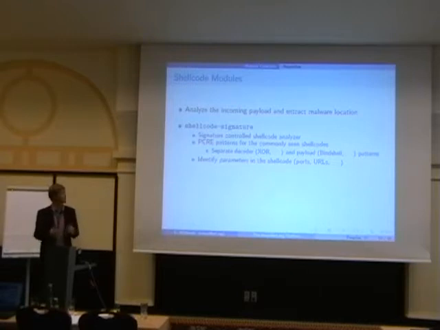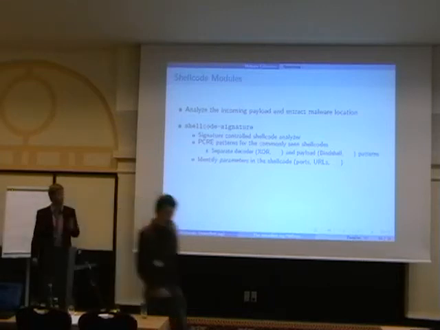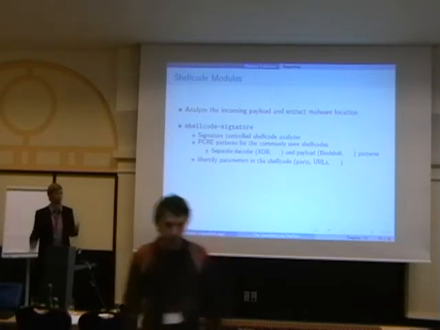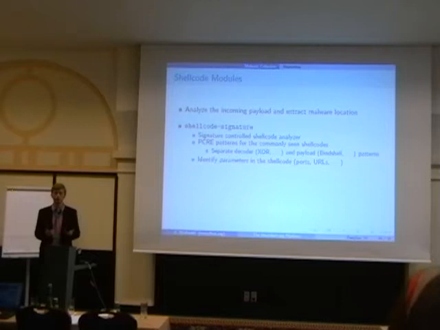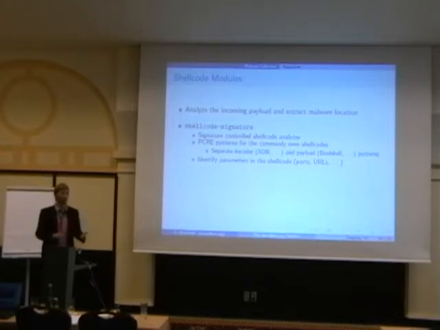And there are two modules. The first one is shellcode signature, which works like common antivirus software today. It has patterns for the usually occurring shellcodes, and these are PCRE patterns. It has certain parameters, like which host to connect back to, or which ports to bind the shell to, or for the simple decoder shellcode parts, just an XOR key or whatever.